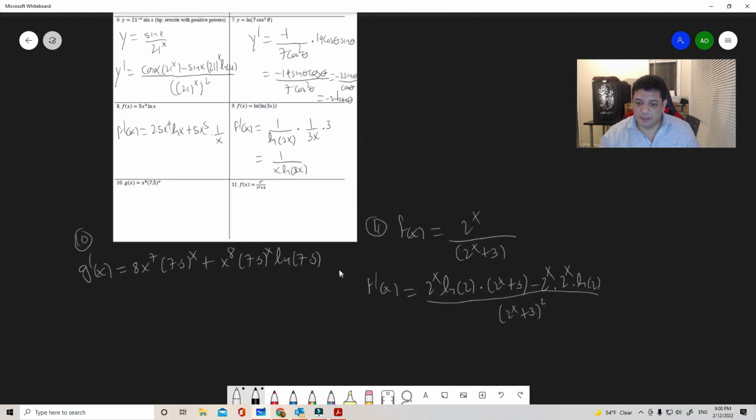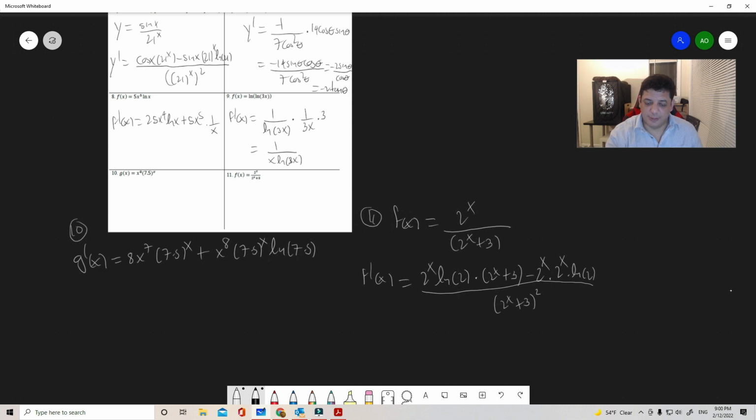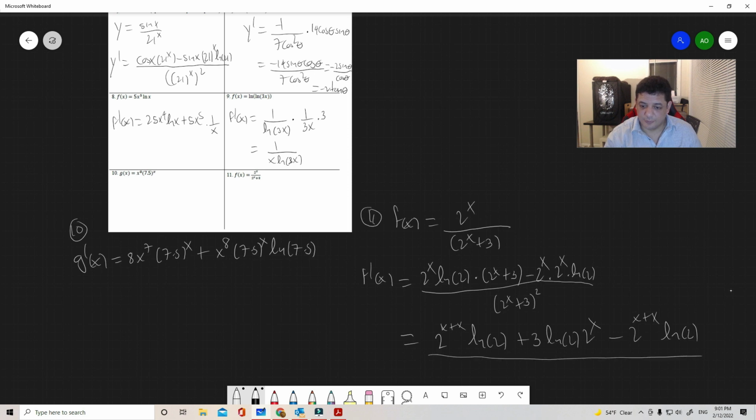We're likely going to be able to simplify this one a little bit, so let's check that out. This 2 to the x and 2 to the x is going to be 2 to the x plus x, times log of 2, and then this plus 3 log of 2 to the x, minus 2 to the x plus x log of 2, over 2 to the x plus 3 squared.